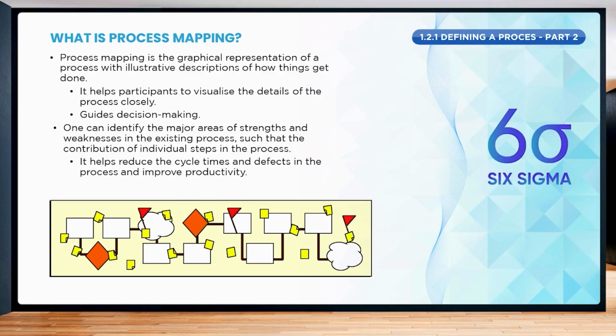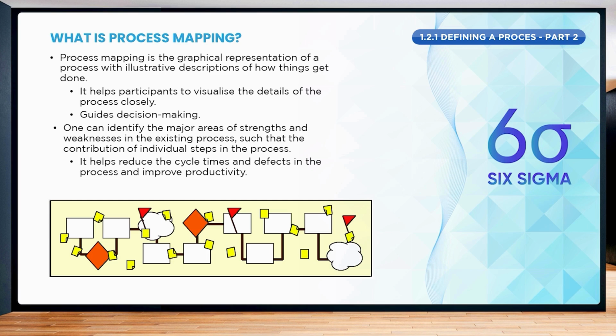So what is process mapping? It is the graphical representation of a process, illustrating a description of how things get done between the process start and the process end. This includes tasks, activities, and decisions that are made within the context of a process.